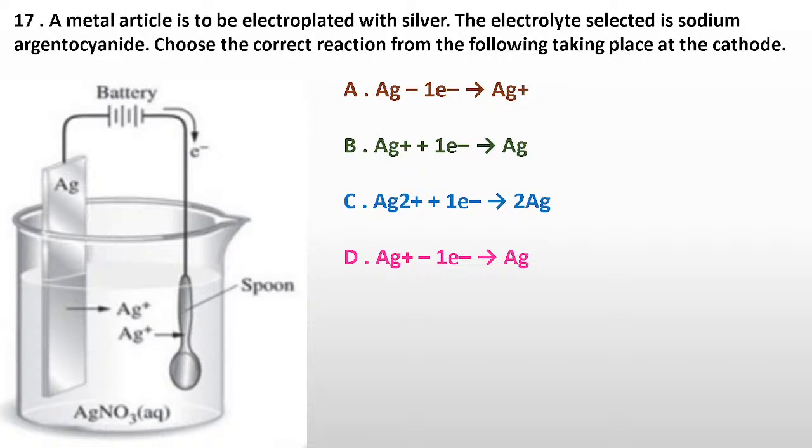And the correct answer for question number 17 will be B. That is, Ag plus will take up one electron and become Ag.